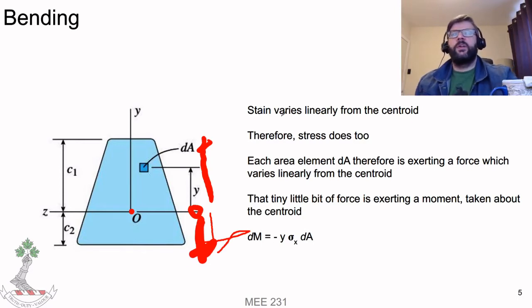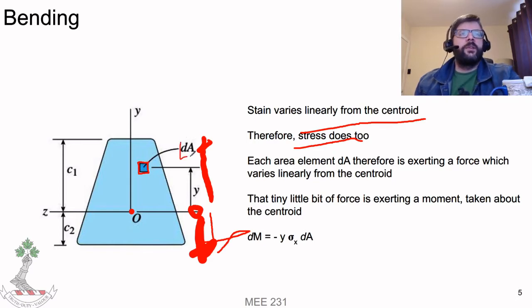So if the strain varies linearly from the centroid, then the stress does too. If we take a look at a tiny little cube at some point here, a little differential area, that stress is varying linearly from the centroid.